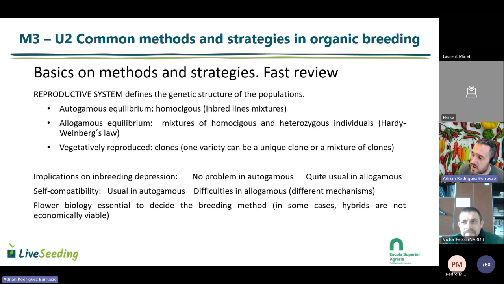Okay, and finally we have the vegetatively reproduced species. These species, or the population varieties of these species, are usually clones, because they are so heterozygous that the only way to ensure that the offspring fits the phenotype of the variety is cloning them, is reproducing the individuals vegetatively from the mother clone.